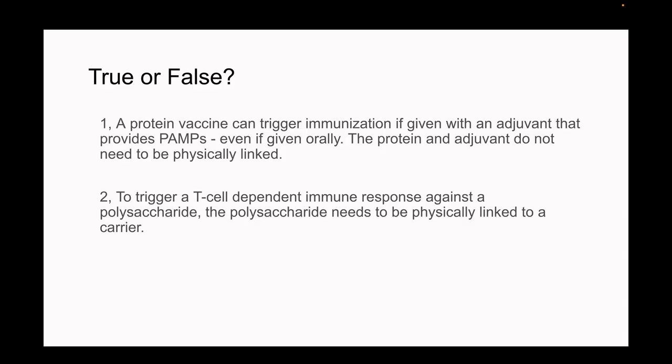Okay, so this first one is actually a tricky one, maybe not a very good exam question to just answer as true or false, because most of it you can agree with. You can say a protein vaccine can trigger immunization if there is an adjuvant that provides these PAMPs or the DAMPs. This is essentially what we said about why the subunit vaccines still work. The problem comes in with the statement, even if given orally.